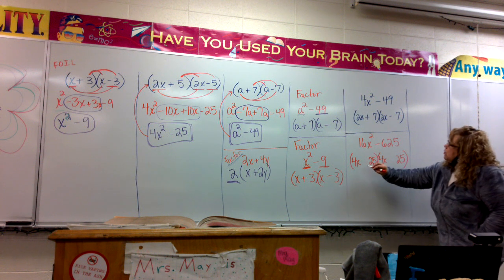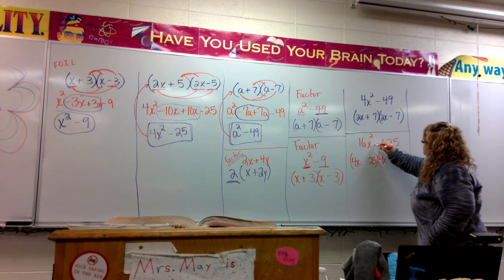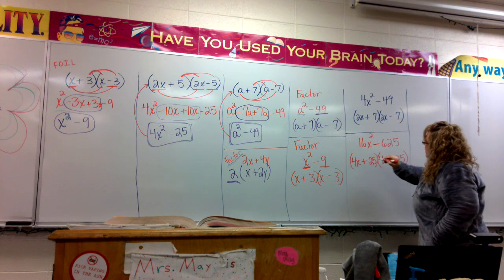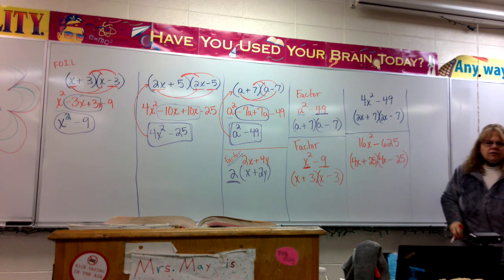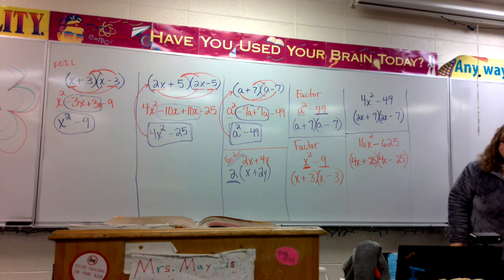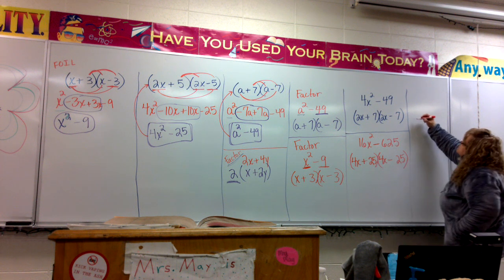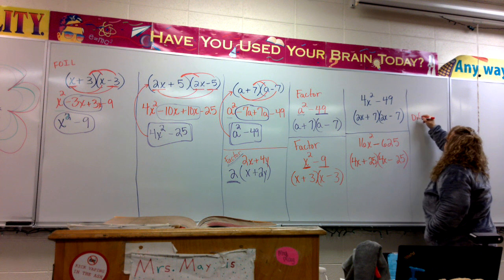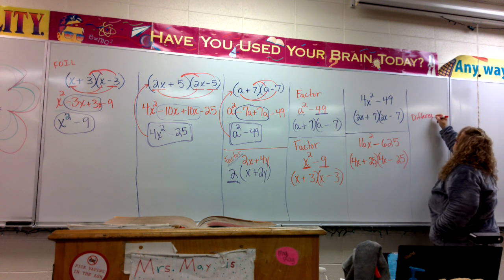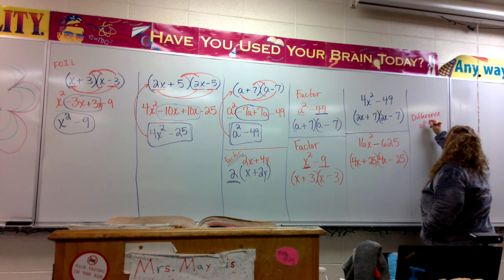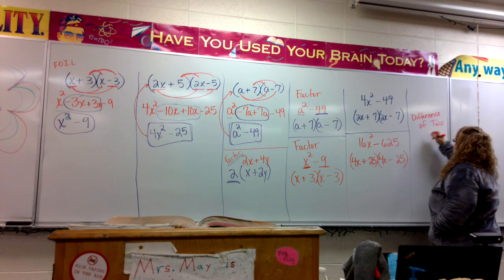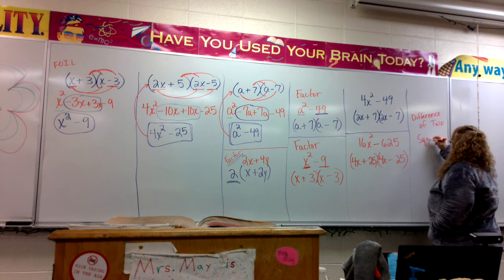But one last thing, what about the signs? Well, if they're negative, it's all got to be a positive and a negative. And that's what I was mentioning before, a little too early. Difference of 2 squares.